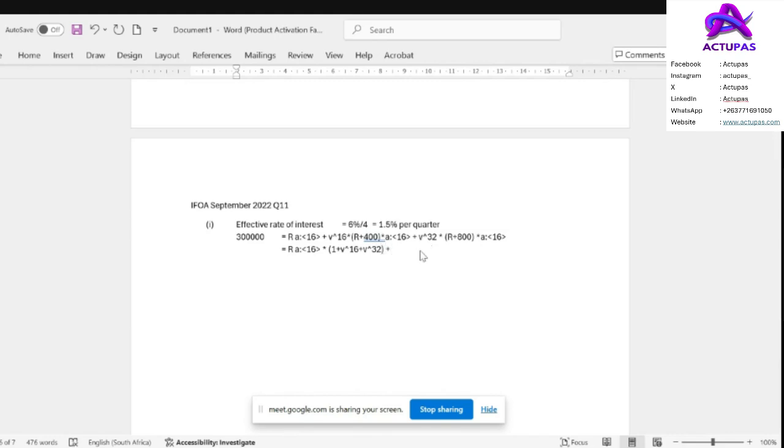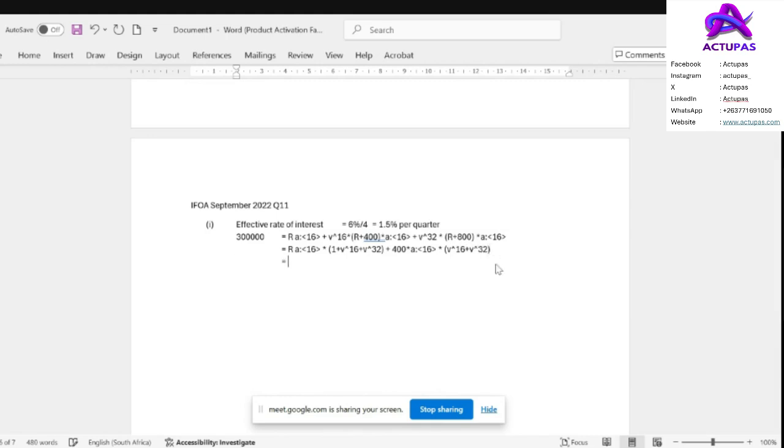Then plus the other like terms here, we would have 400 by a16 times v to the power 16, open brackets, v to the power 16 plus, for this part, v to the power 32.